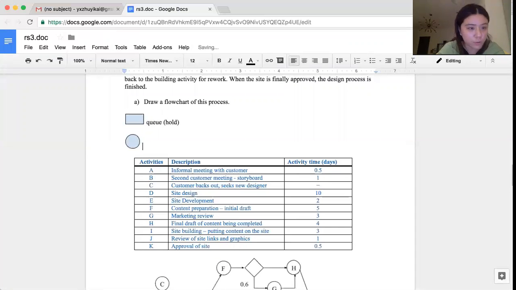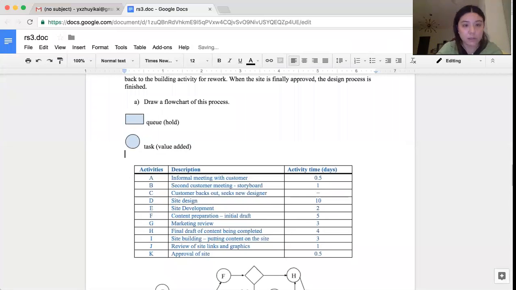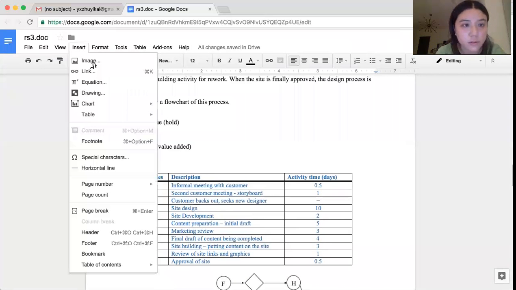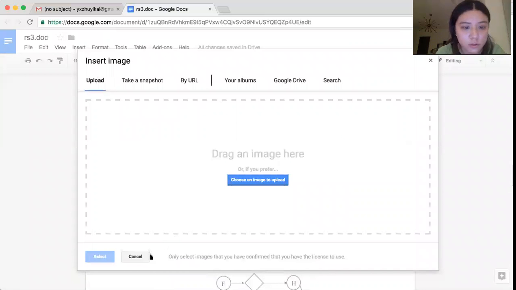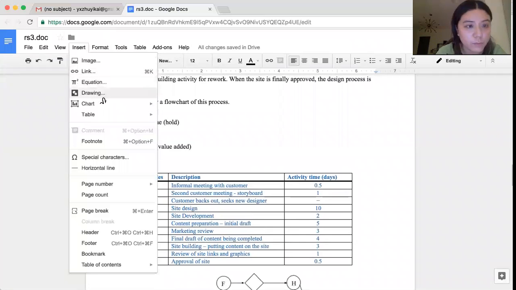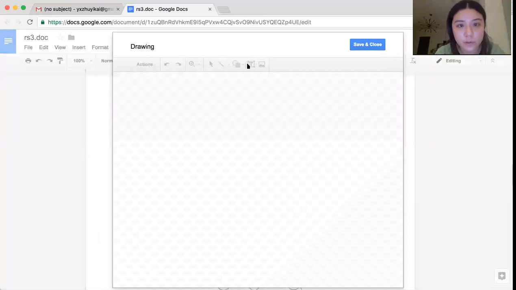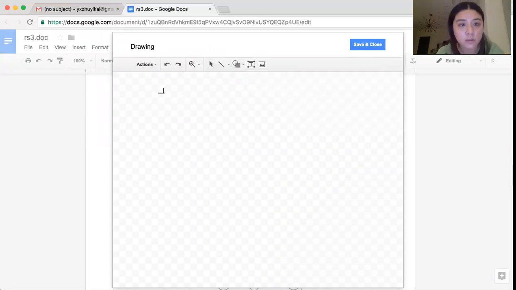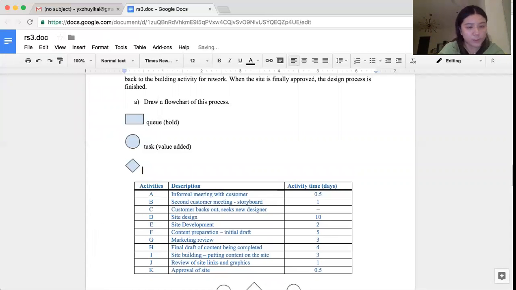And the circles represent the tasks where values can be added, and the diamonds represent the decisions.